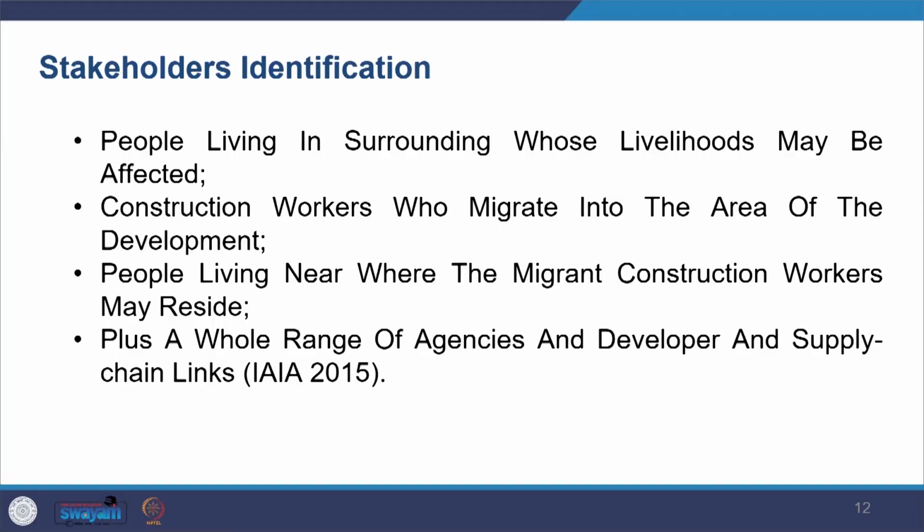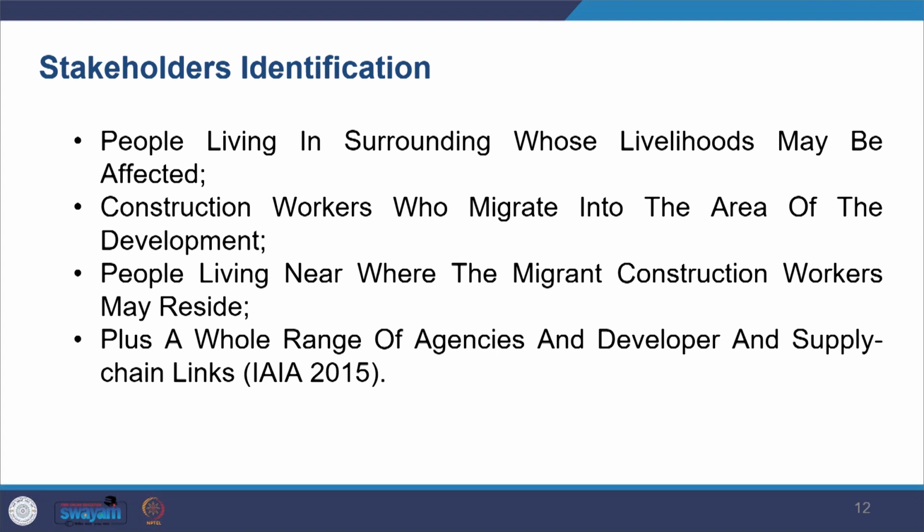And further in this stage, you also need to identify various stakeholders. So who are the different people who will be affected by your project? For example, those can include people living in the surrounding of your project area. That's the simplest way to identify people.